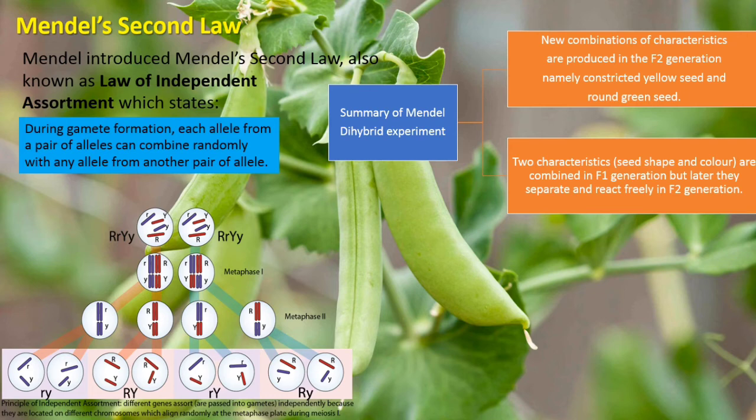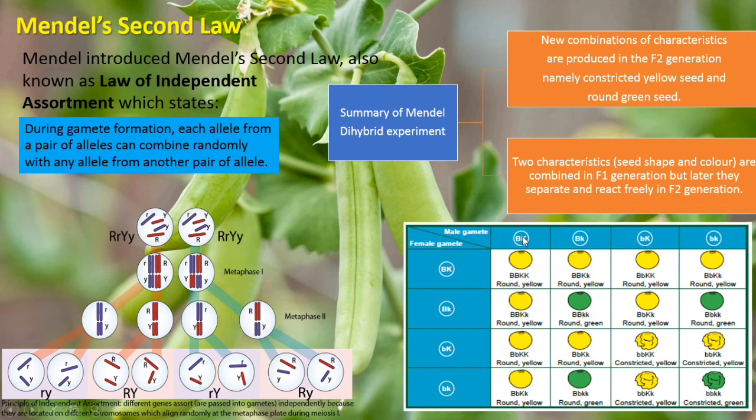So we can see here, okay, round and yellow, 9 seed round and yellow adalah sama dengan parental. Tapi dia kata di sini summary ni, new combination of characteristic are produced in F2 generation. Maksudnya ada 2 kombinasi karakteristik yang baru termasa dalam F2, iaitu round but green. Okay, ataupun lagi satu constricted tapi yellow.